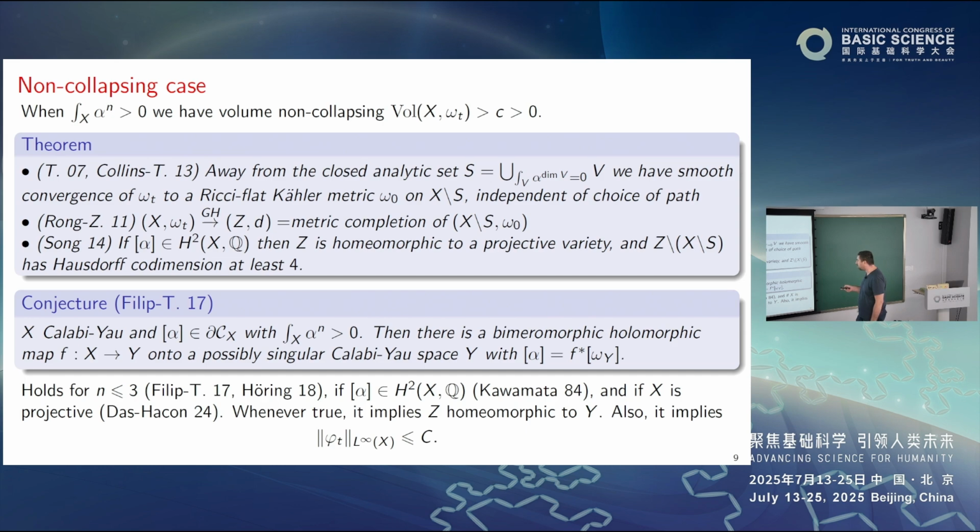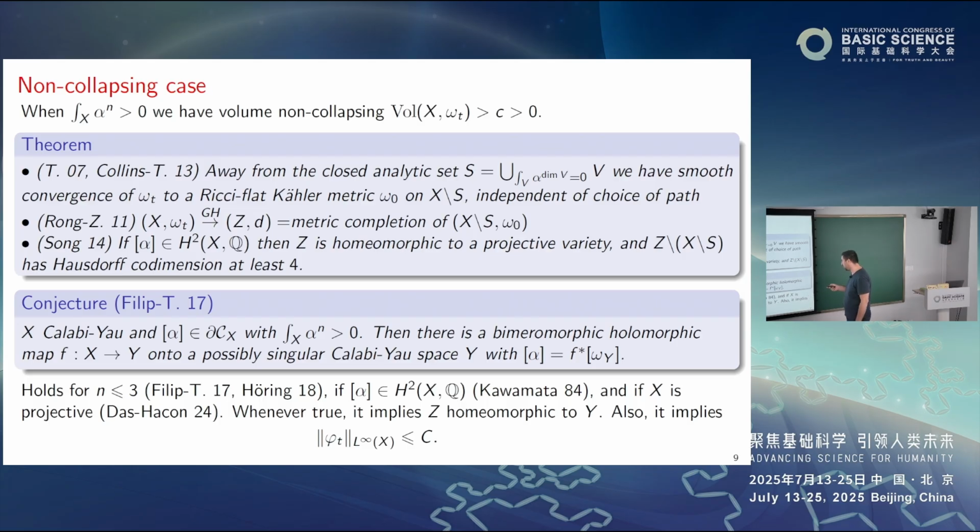So there is a holomorphic map from X to some Y. Y is a singular Calabi-Yau space. I mean, maybe smooth, but usually singular. And this needs to be defined properly. And then you need to define Kähler metrics on a singular Calabi-Yau space. After you define all these things, your class should be the pullback of a Kähler class from the base.